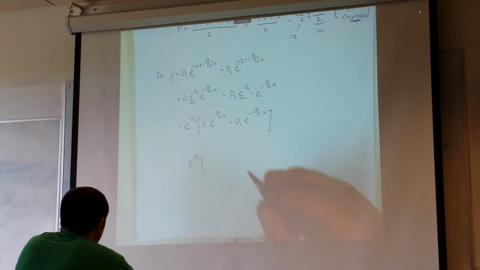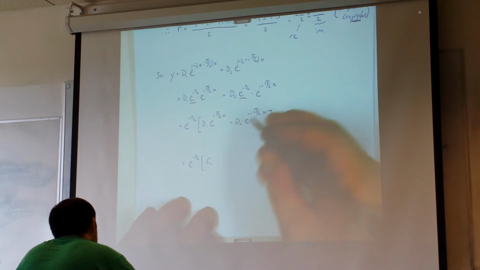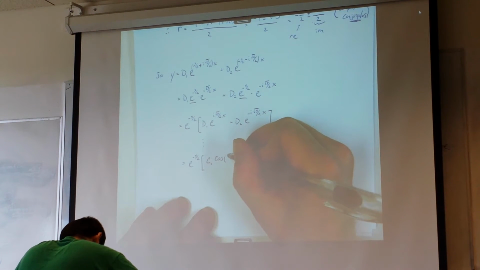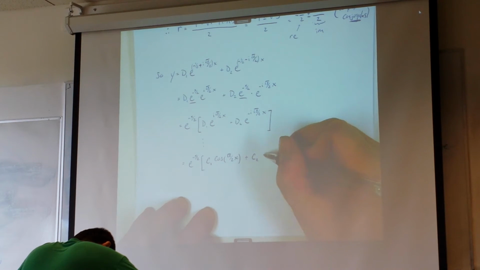Combine this all up and we'll have new coefficients. I'm just going to call them C1 and C2 now. But we have C1 cosine root 3 over 2x plus C2 sine root 3 over 2x.